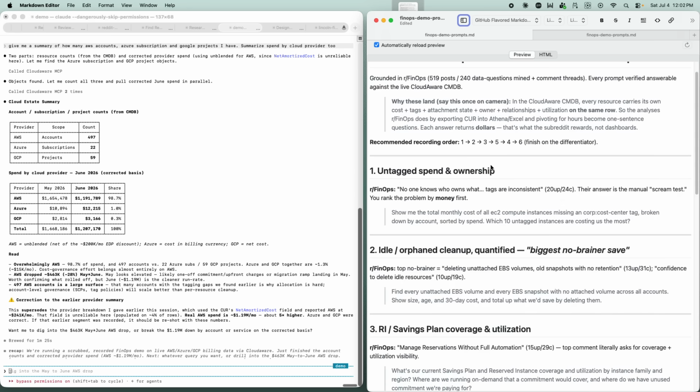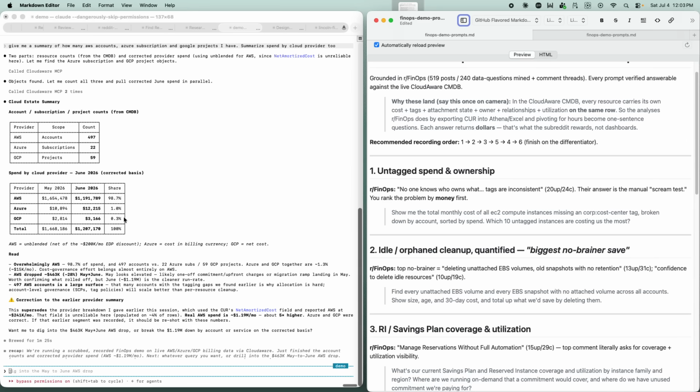Before we go into the actual prompts, I wanted to tell you a little bit about my environment. It's mostly AWS. I've got 497 AWS accounts, some Azure subscriptions, some GCP projects. This spend is largely AWS driven, but one of the things that I want you to see is Cloudaware is a multi-cloud solution.